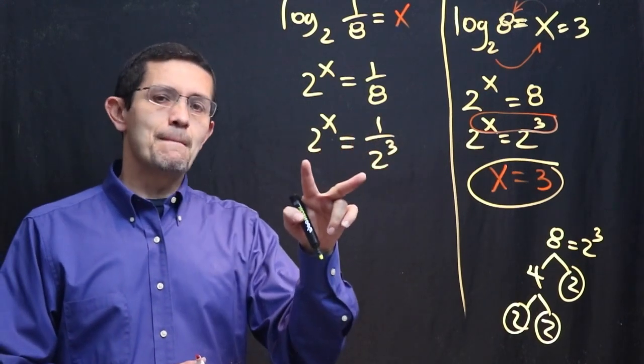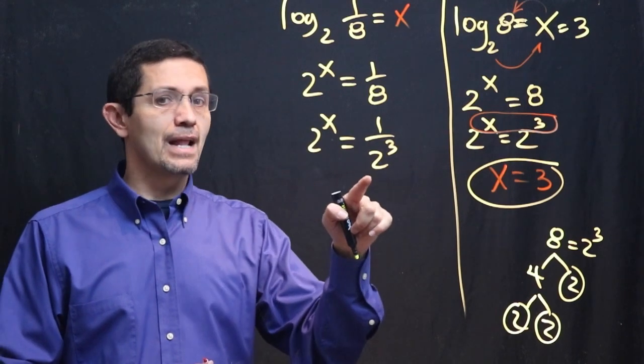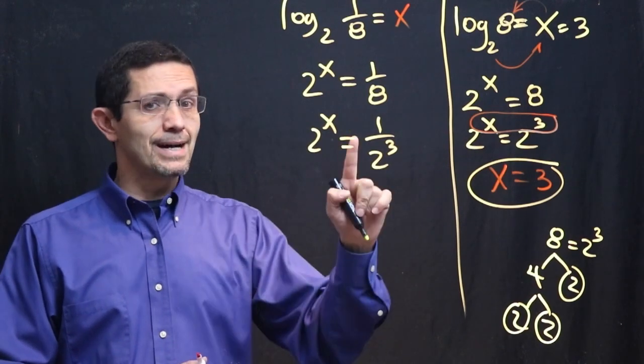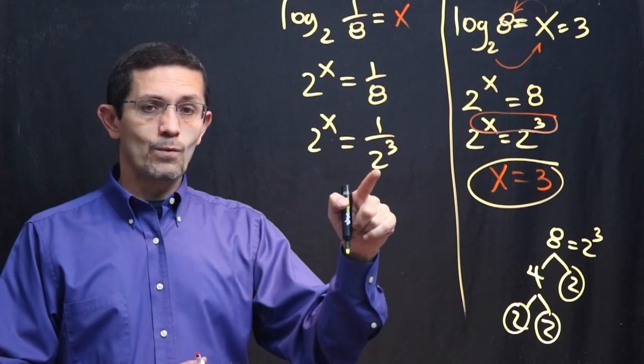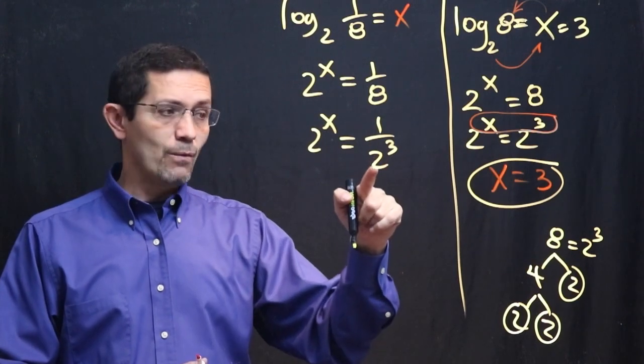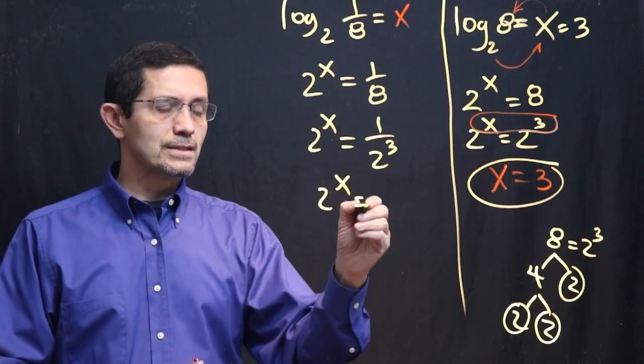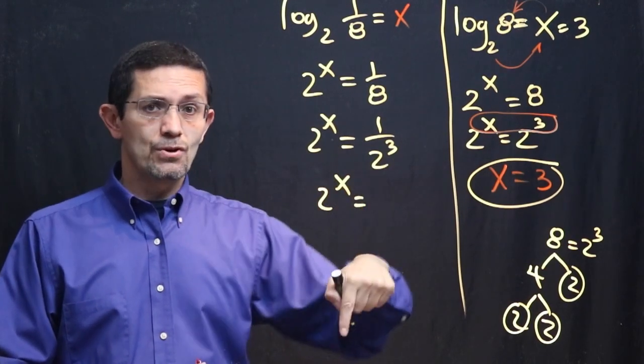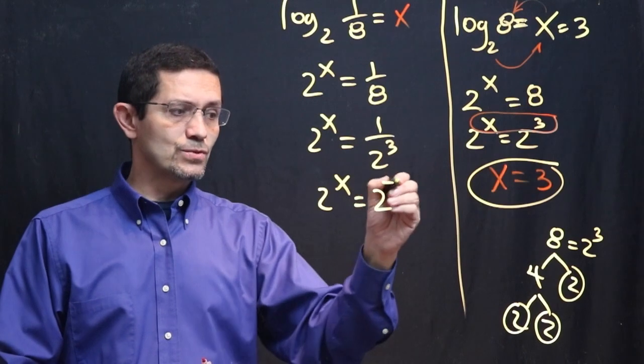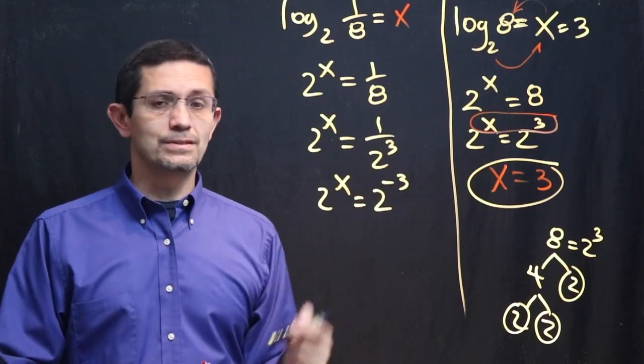And now I have the same base, but this base is on the denominator. I need to bring it to the top. Therefore, if I want to bring that power to the top, my exponent will change. So I'll have 2 to the x equals 2 to the third, positive on the bottom. As soon as it goes to the numerator, it changes the sign.